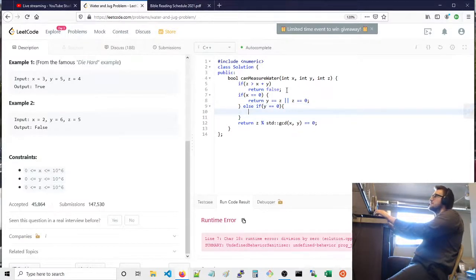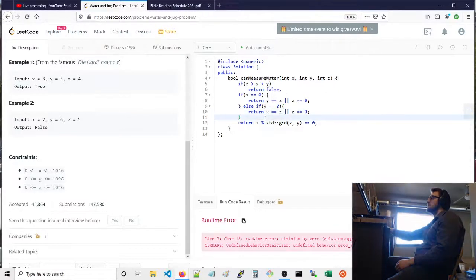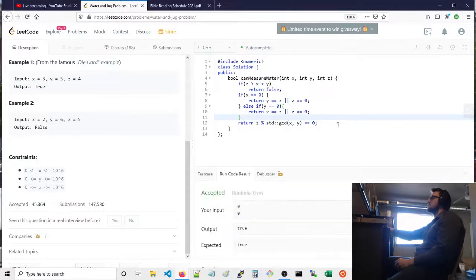If X is 0, Y is equal to Z, or Z is 0, Y is 0, X equals Z, or Z is 0. Something like this should handle this case.